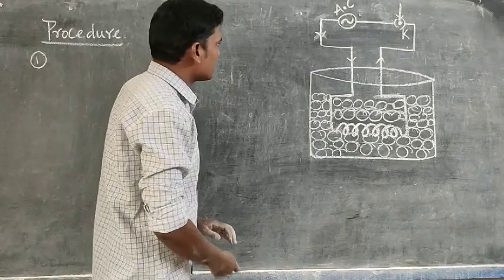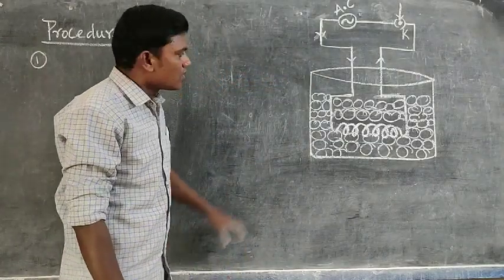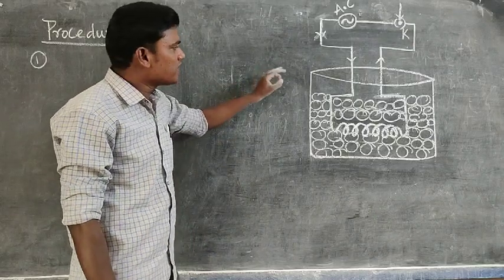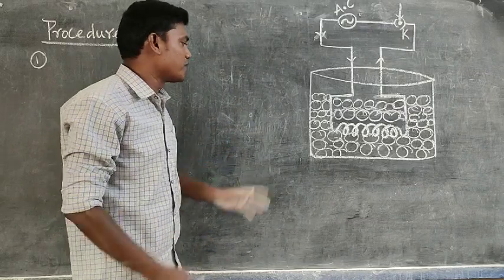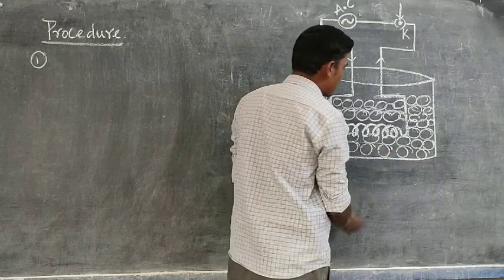Now this is the rough diagram of the electrical method for finding the specific heat capacity of the solid pieces. Here the circles represent the solid pieces.